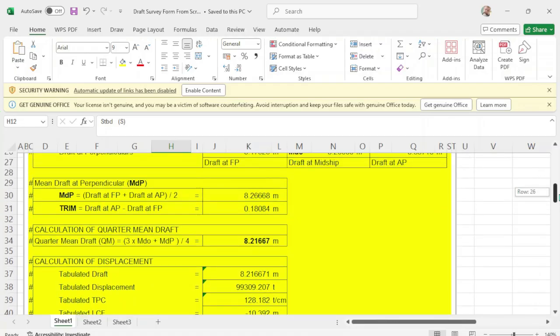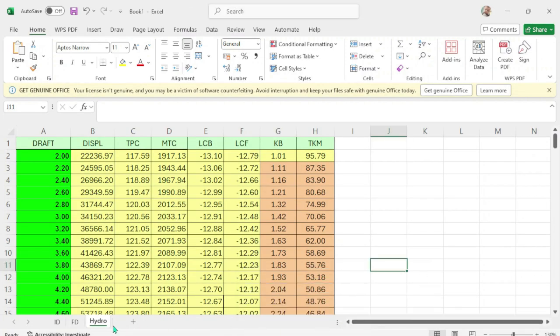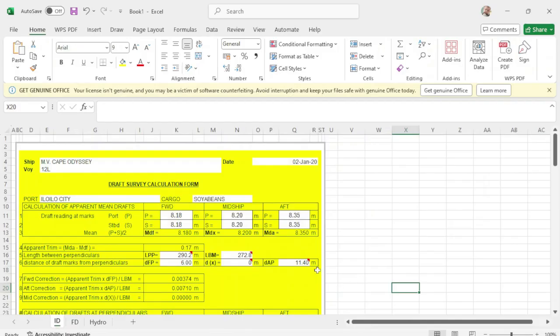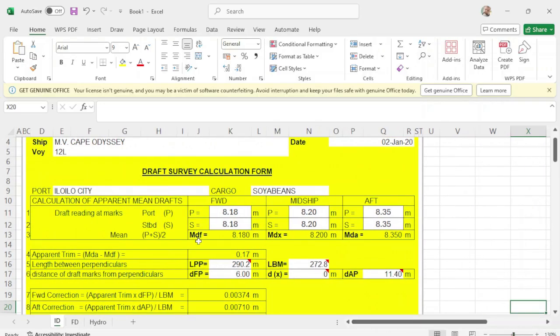Since you have already your quarter mean draft here, or tabulated draft, you go to your hydrostatic table. I'm sorry, this is the one. Okay. Take note, this is your new draft survey form. So you already take that in. You already put your draft here.